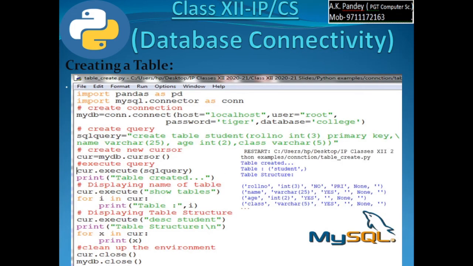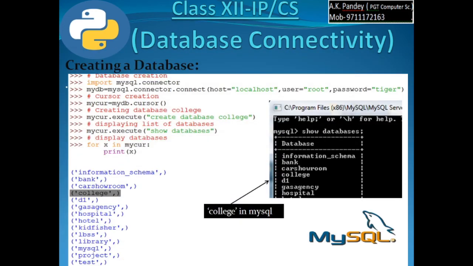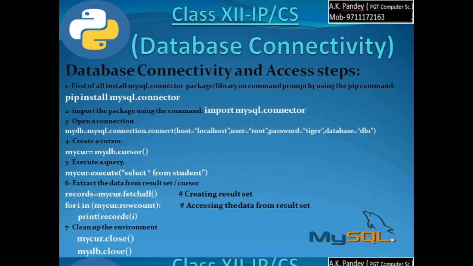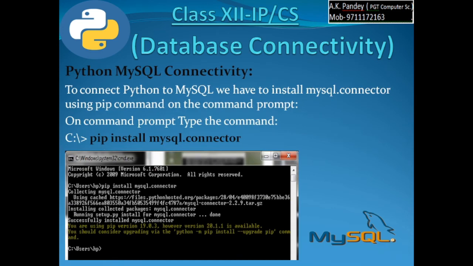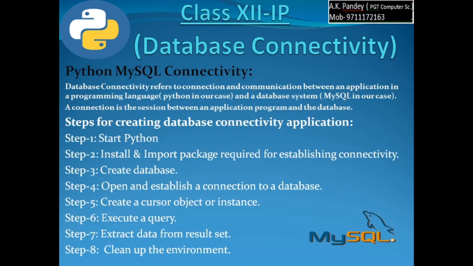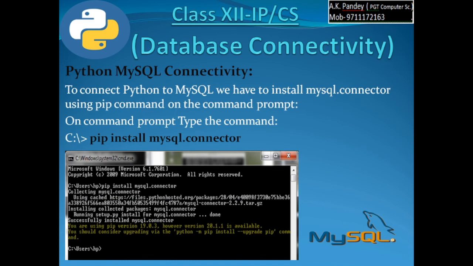So today you have learned, I am summing it up, just concluding today's class. You have learned what is Python MySQL connectivity and what are the basic steps for connectivity, and then how to install the mysql.connector package in our system.